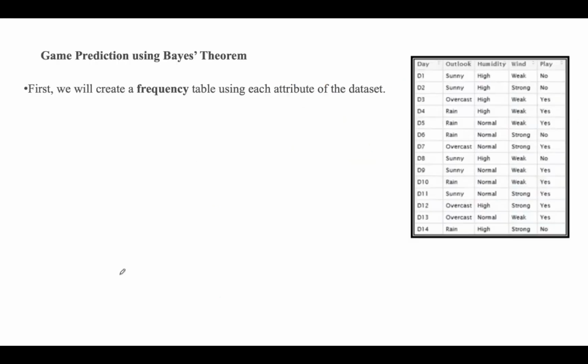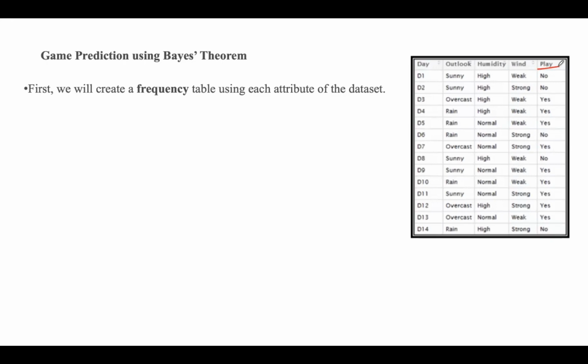Let us see an example for Bayes theorem. We are taking game prediction using Bayes theorem. Our task is to predict whether a game will be played given the weather data. Here we have our data which comprises day, outlook, humidity, wind conditions, and the final column being play, which we have to predict.